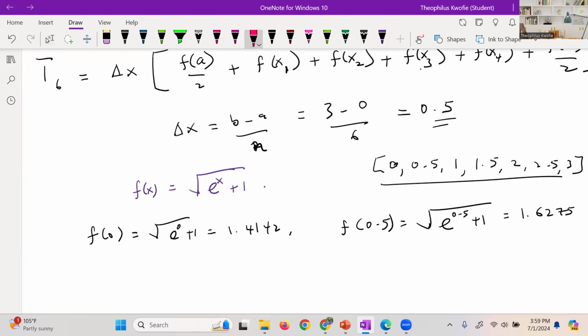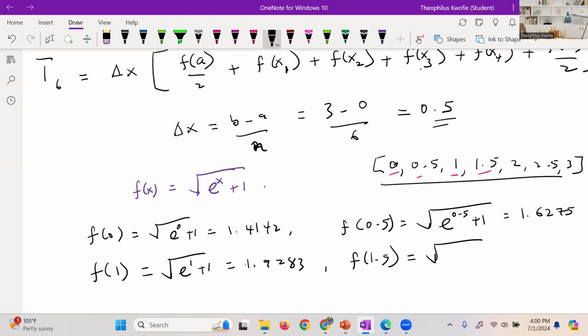Now we have found f of 0 and f of 0.5, and then we need to find f of 1, which will give us 1.9283. Then we move to 1.5. So f of 1.5 should give us e to the power 1.5 plus 1.